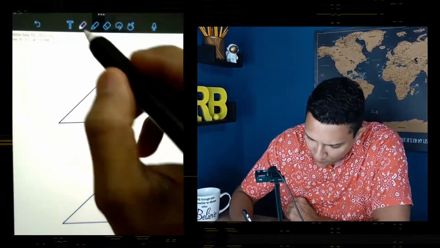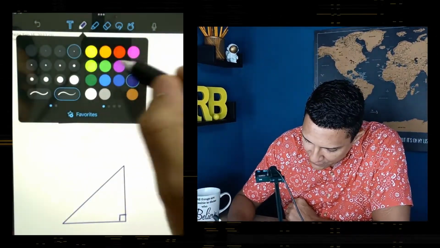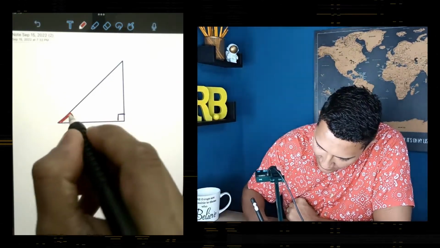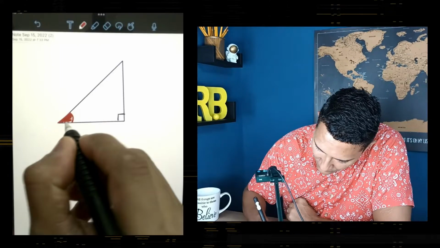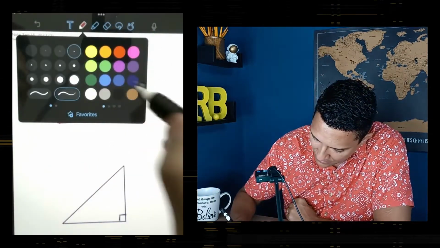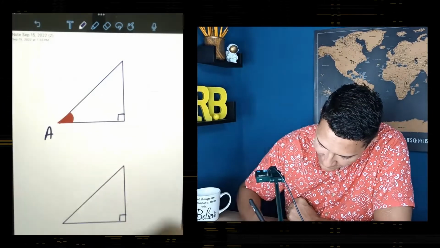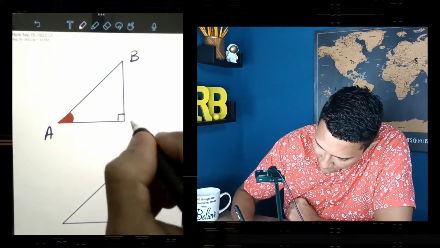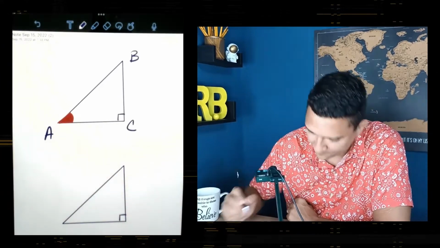So let's suppose that the angle of reference is this one that we have here, okay? I'm gonna label the sides. I'm gonna label the vertices. This is vertex A, vertex B, and vertex C.